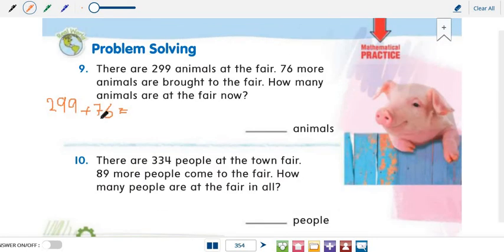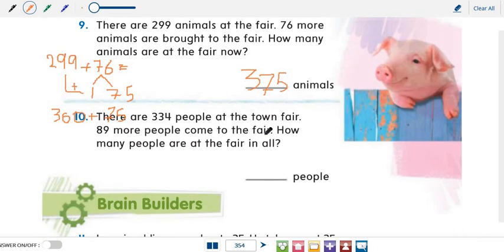So we'll break apart number 76 to 1 and 75. And then we will add 299 to 1, so we will get 300. And now 300 plus 75 simply equals 375.